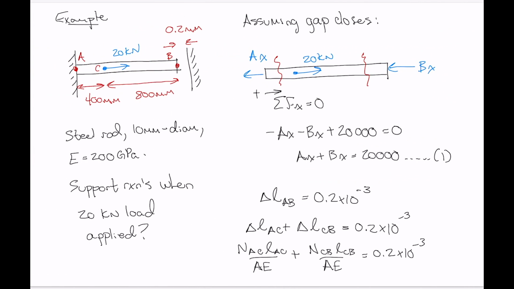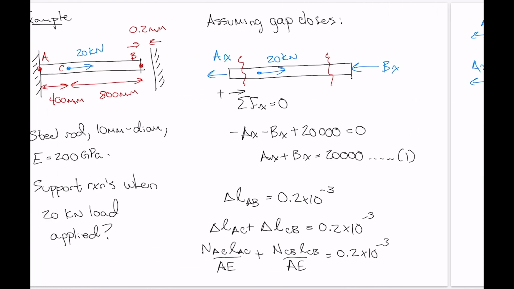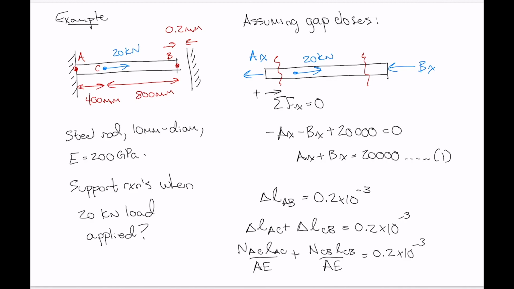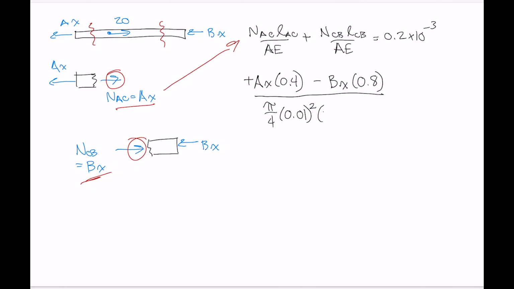We said that this was 10 millimeters diameter, so pi over 4, 0.01 squared, and then our modulus of elasticity was 200 gigapascals, right there. So we'll put that in, 200 times 10 to the 9, and that all equals 0.2 times 10 to the minus 3. So now we've got a second equation, right, with our two variables AX and BX in.